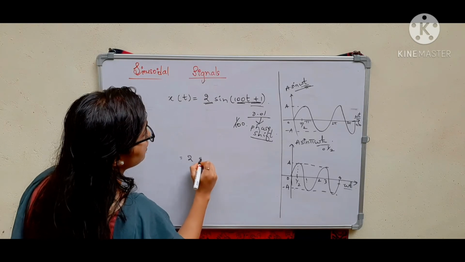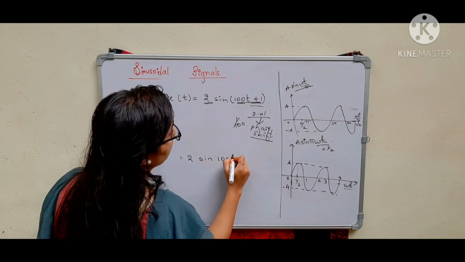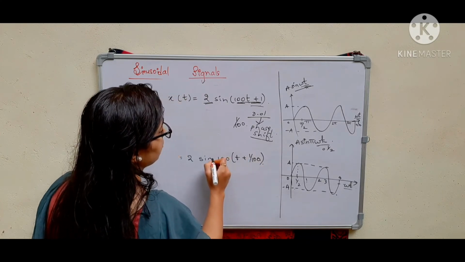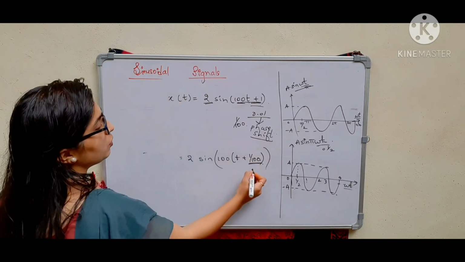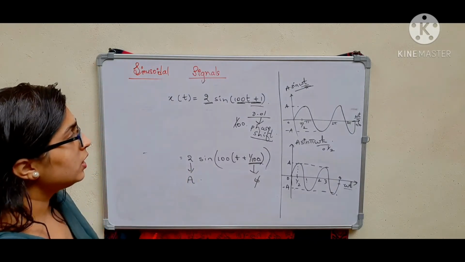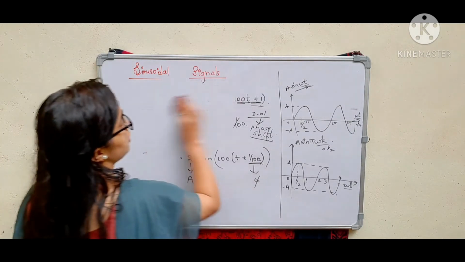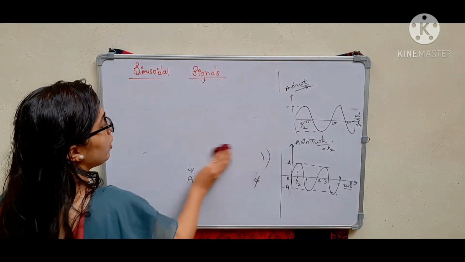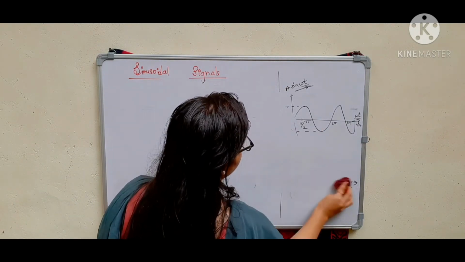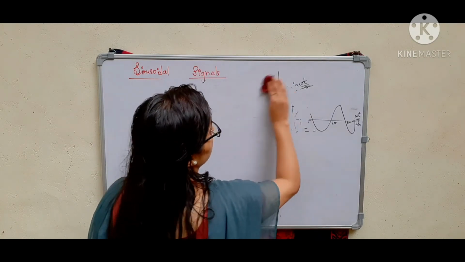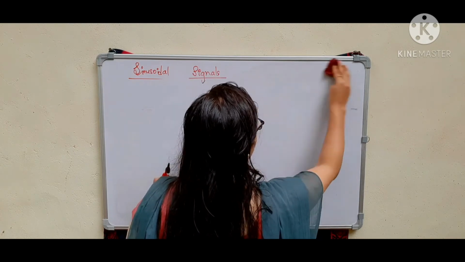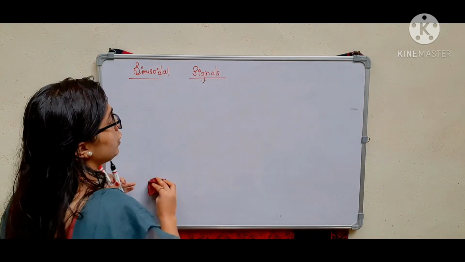You can also write this as taking 100 common, t plus 1 by 100. This one will be your phase shift and this one will be your amplitude. So these are a few points about the cosine and sine signals, how we represent them, and what this phase shift is.